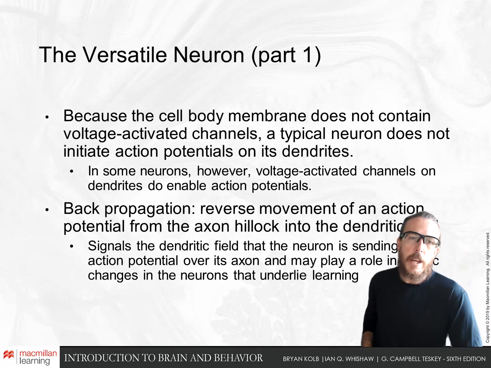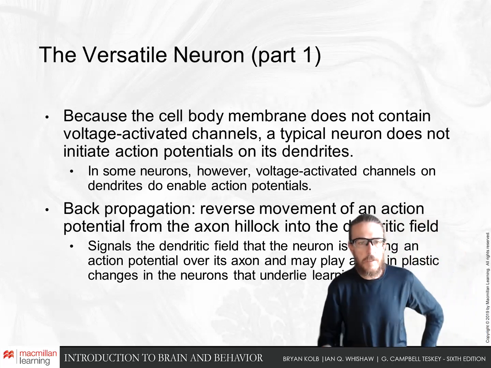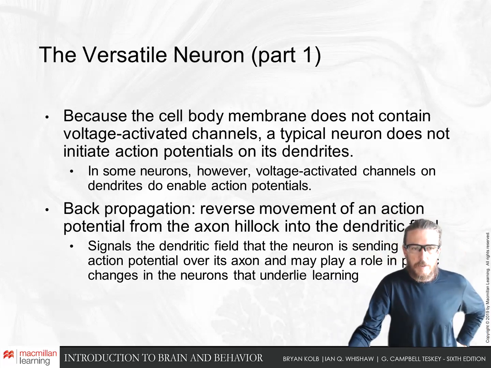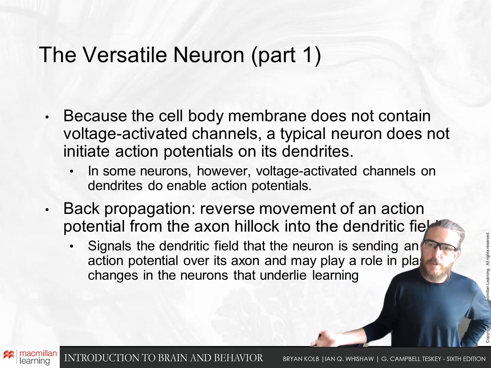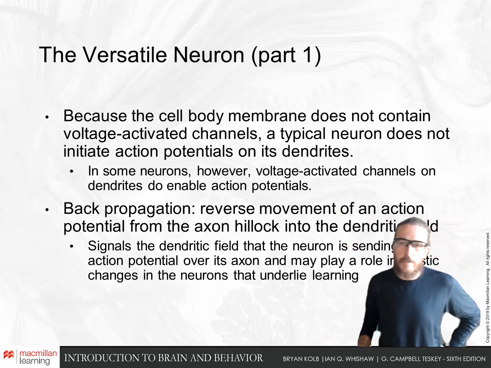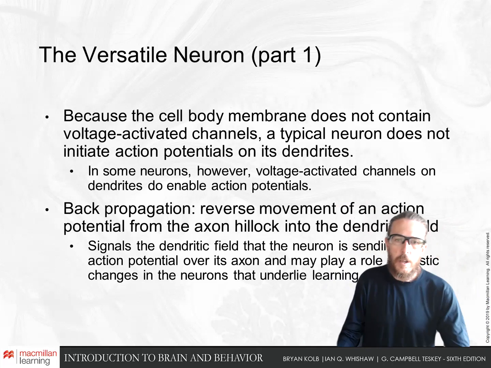However, there are some cases where there are some voltage sensitive gates on dendrites. And this could serve a role in something that might be called back propagation, or the movement of information from one neuron back to the previous neurons which influenced it.